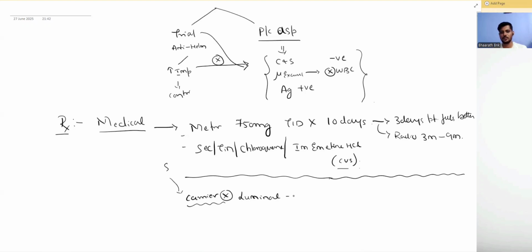These luminal agents would be paromomycin, diloxanide furoate, or iodoquinol. The patient has to be put on these for a course of 1 to 2 weeks after the liver abscess is cleared. This will completely eliminate the carrier state of the patient.